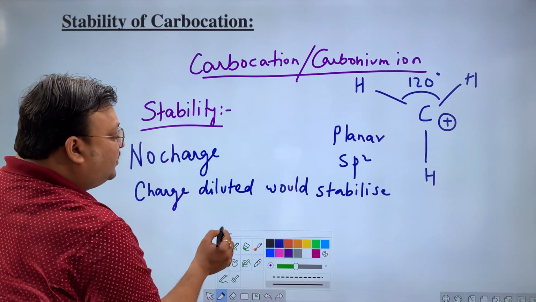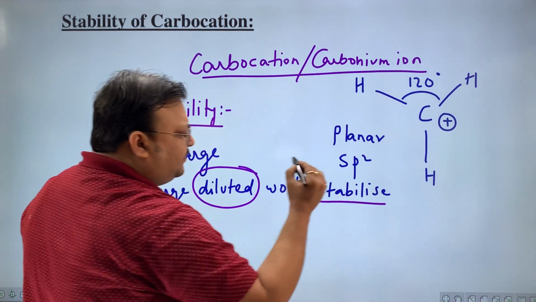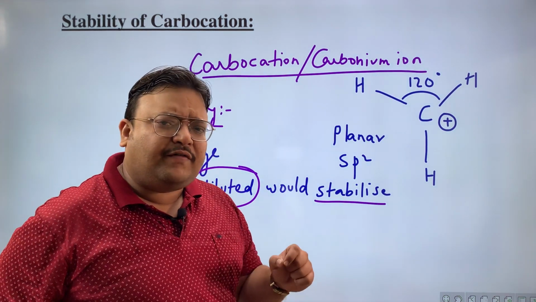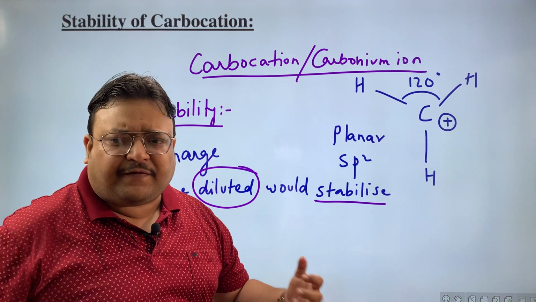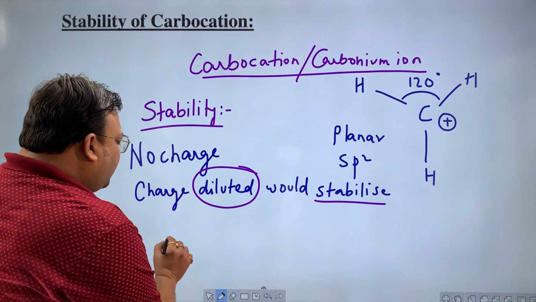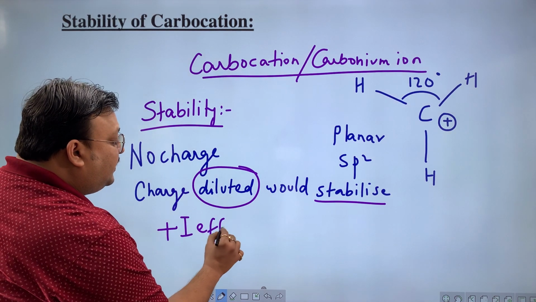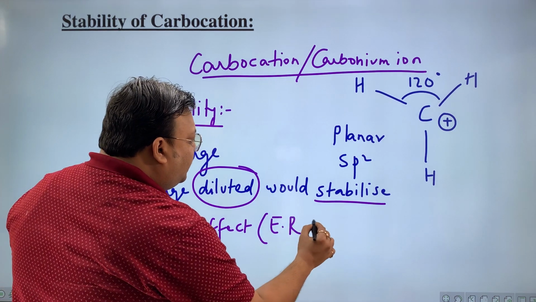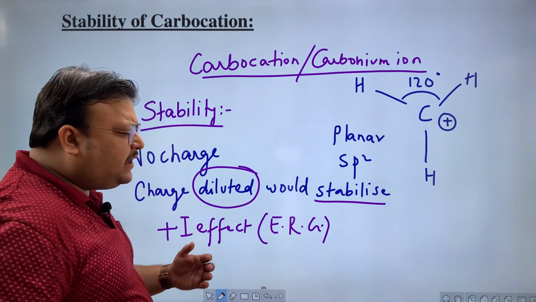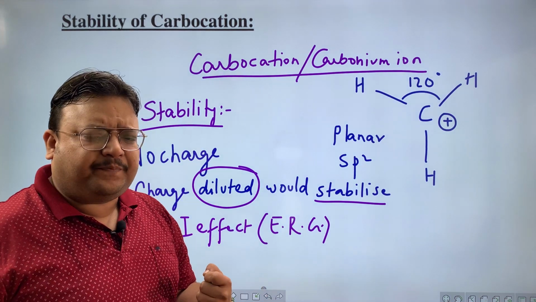Factors which will dilute the charge would stabilize this species. Now we have learnt about inductive effect, mesomeric effect, plus I, minus I effect. Now naturally a plus I effect, which is an electron repelling effect, would stabilize the carbocation.